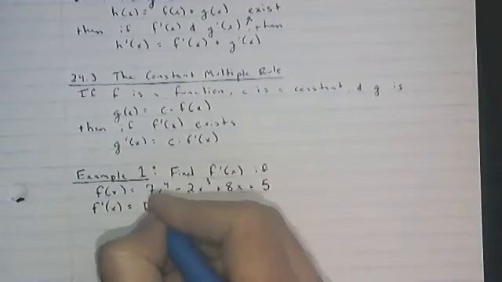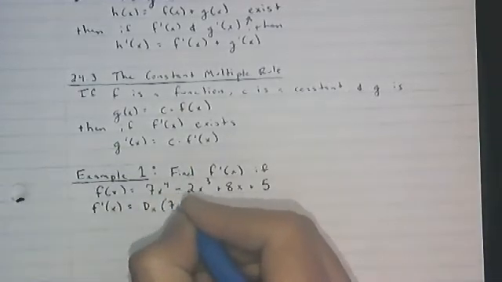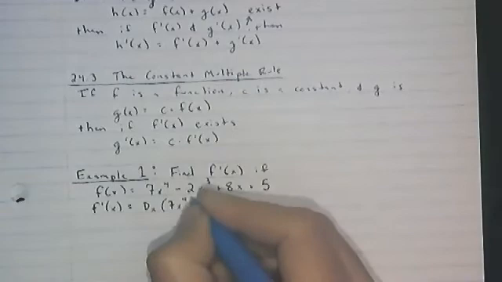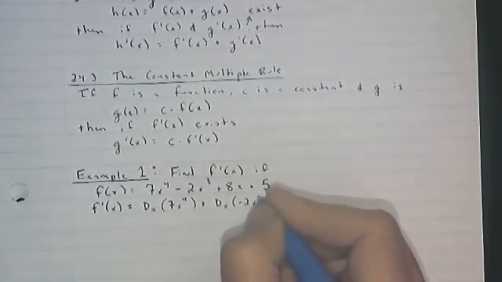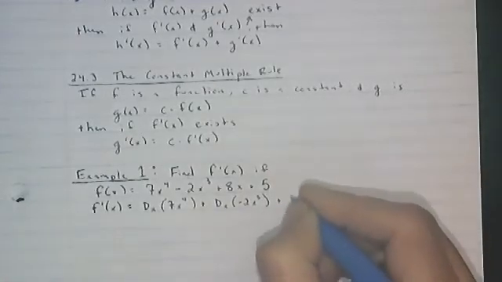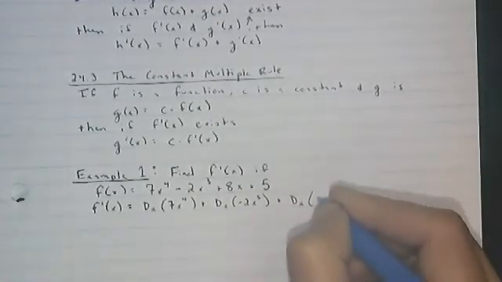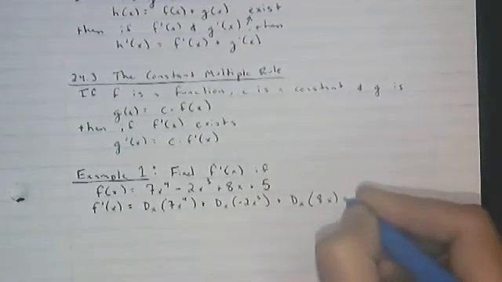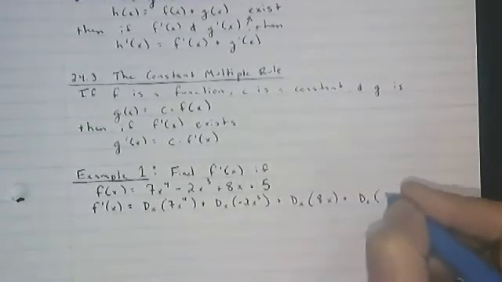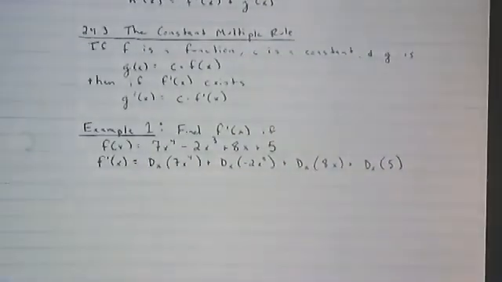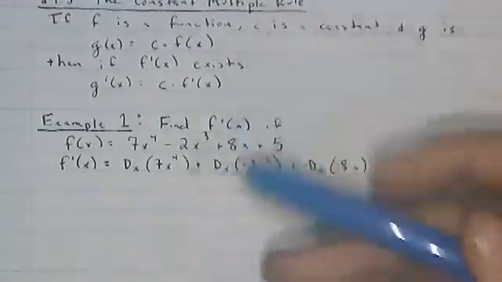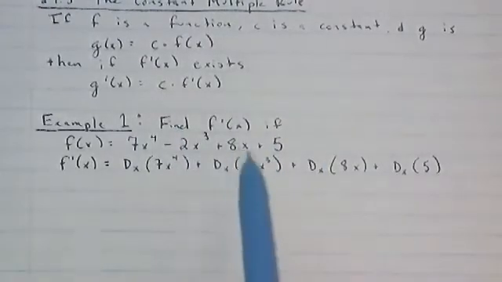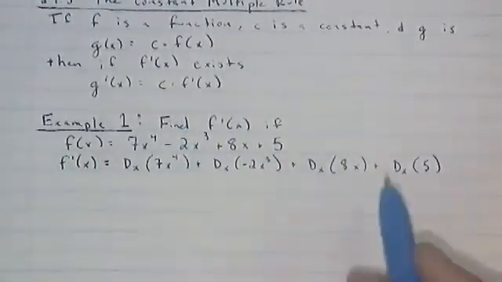The derivative with respect to x of 7x to the 4th plus the derivative with respect to x of negative 2x cubed plus the derivative with respect to x of 8x plus the derivative with respect to x of 5. And even this step right here is overkill. Almost immediately, we won't be doing this. But for this first example, I want to show that this is what's happening, even though the mechanics are basically going to just blow past this step.